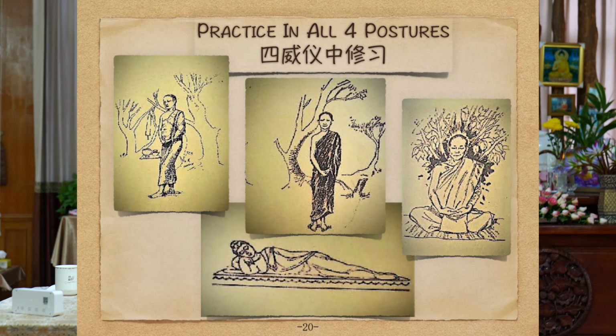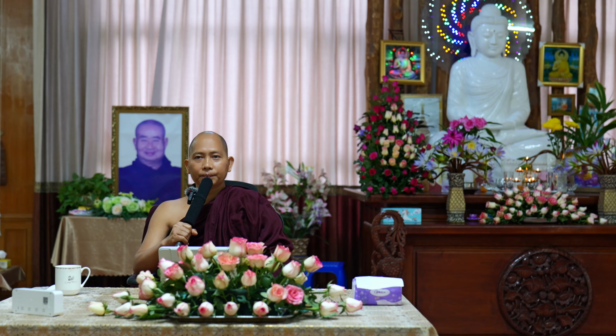Although you are sitting, standing, walking, or lying down, whatever posture you are in, there are four elements in your body. Then you have to discern these four elements systematically. Okay, how to discern?